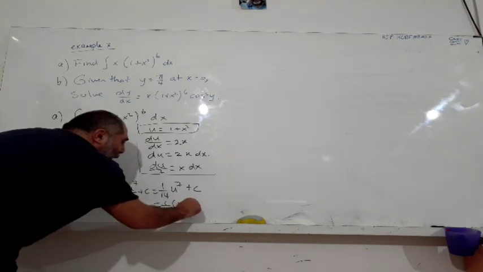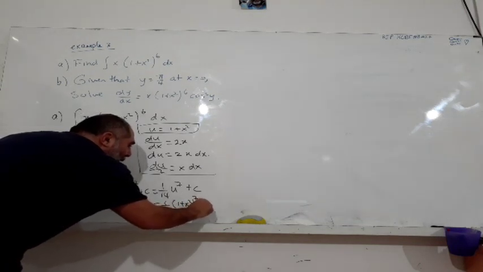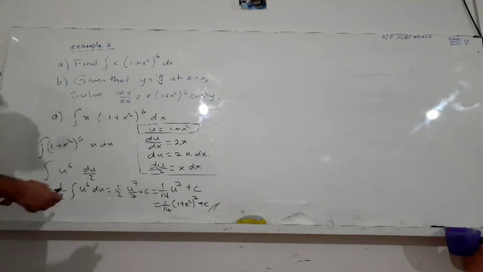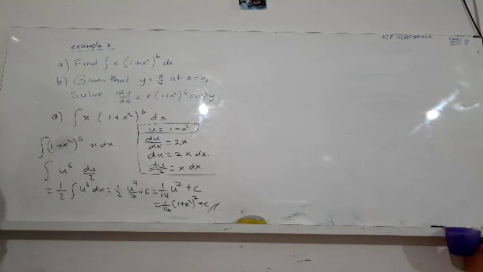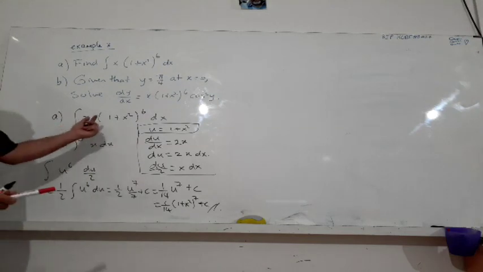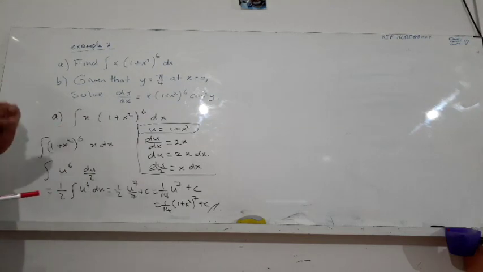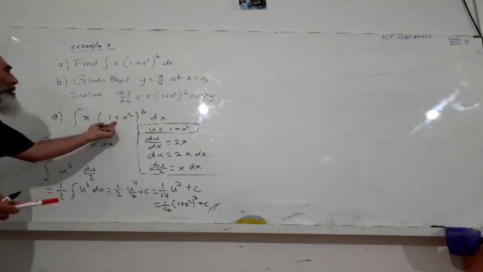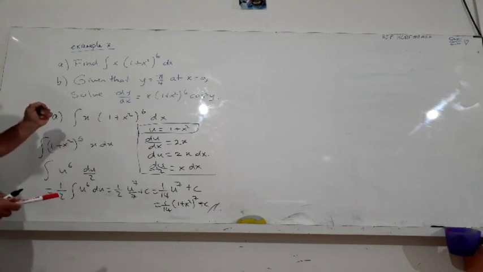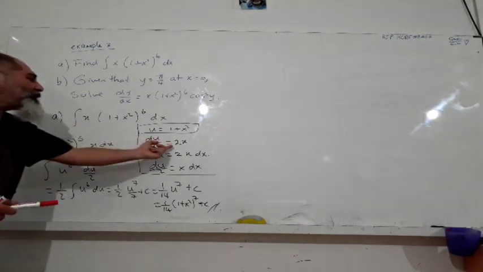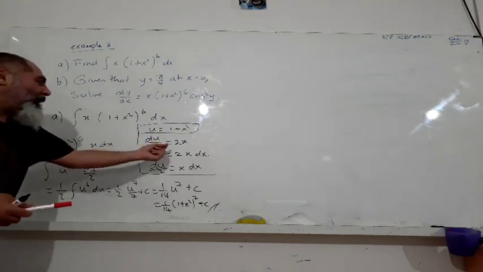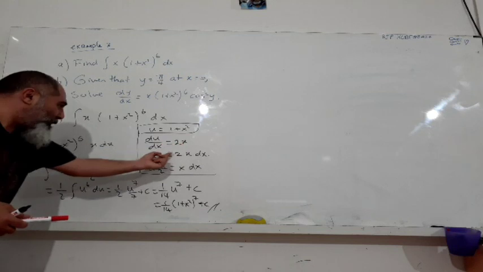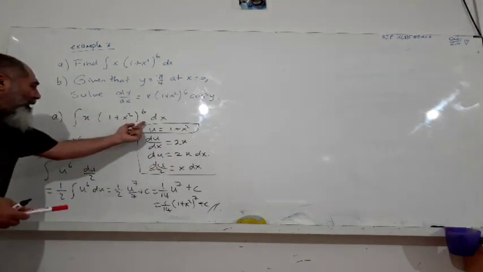Now I solved it with substitution because I recognized that when I take the derivative of 1 plus x squared, it gives something like x. Actually, it is 2x, but we can leave x alone by taking the 2 out. So we can easily see that we can find x dx in the question. That's why I use substitution.